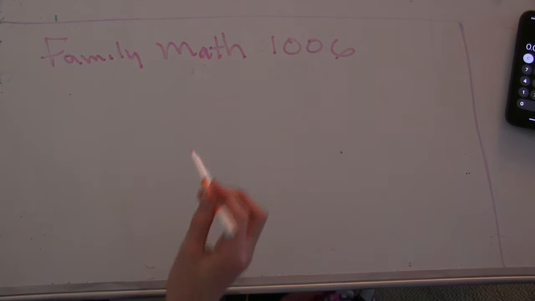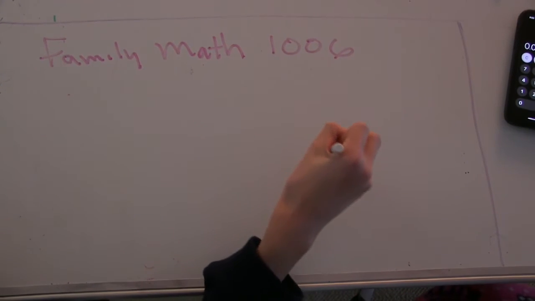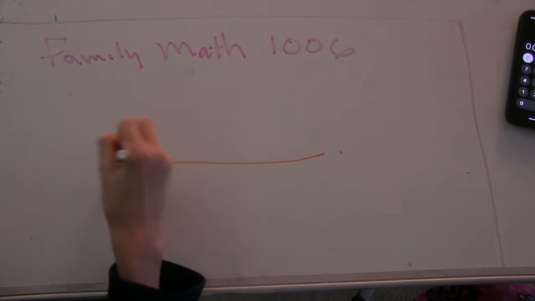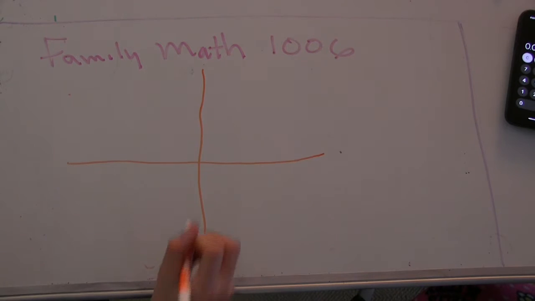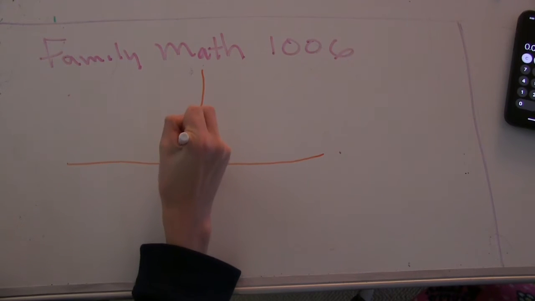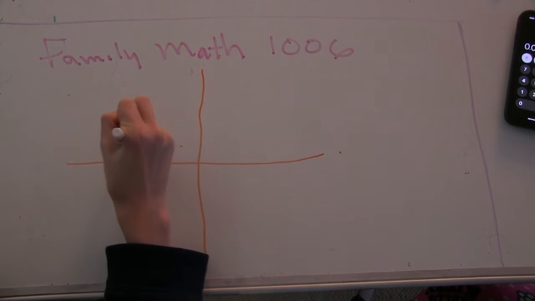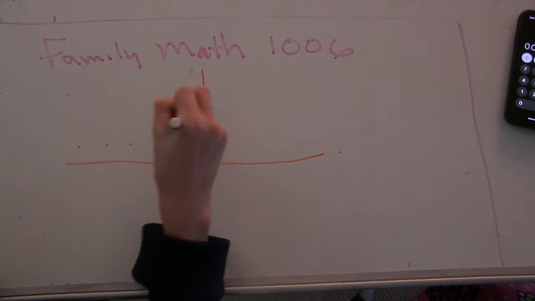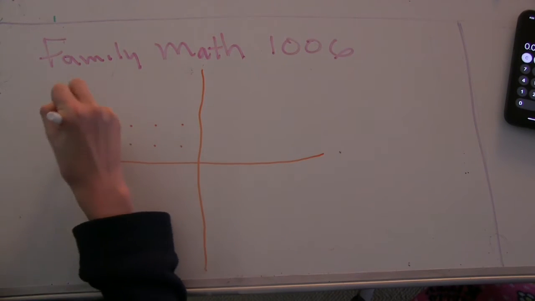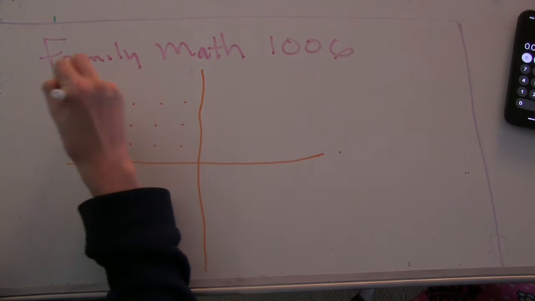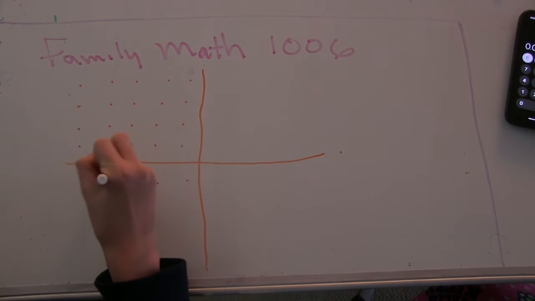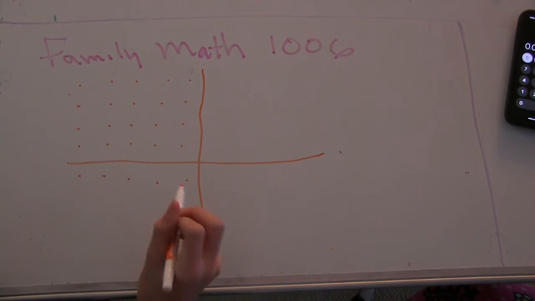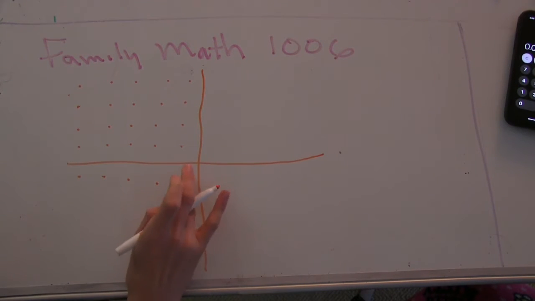Well, what he did was you have your Cartesian plane and you have a bunch of lattice points on it. That's fine. Why don't you just leave them in just the one quadrant, because then we'll get the idea.